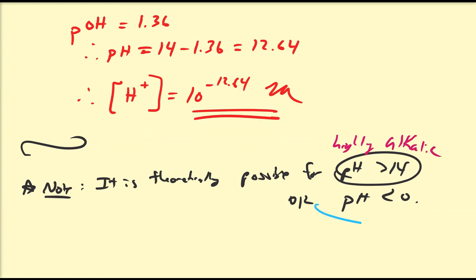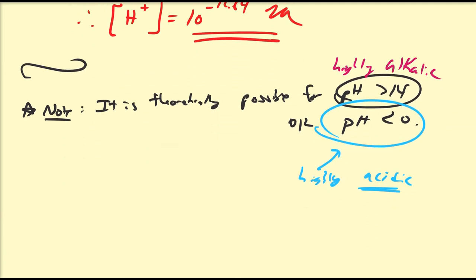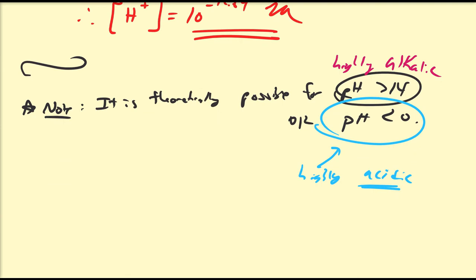And in the case where pH is less than 0, that would be extremely highly acidic. But usually, at least on Earth, if we have solutions that have these extreme pHs, they usually do extreme damage. So they're not so common. And pH paper usually only functions well between 0 and 14. Same with electrodes and stuff. But anyway, that's just some side notes and also an application of logarithmic functions.